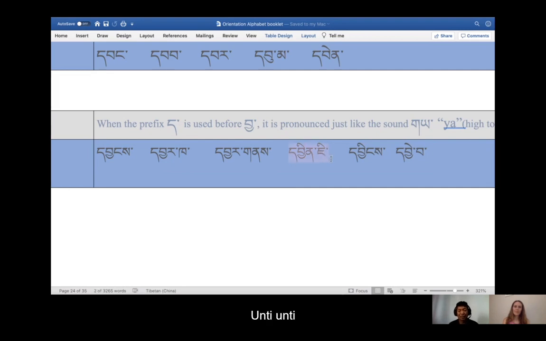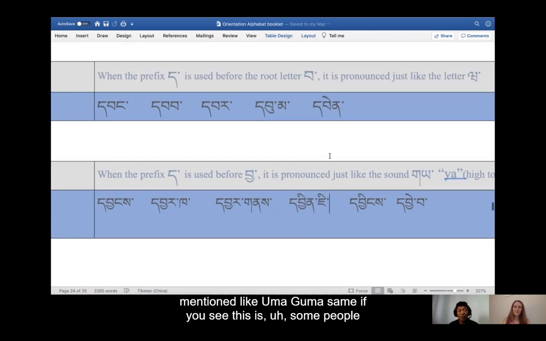Yin, Chi. So this one is also like the previous table Cynthia mentioned, like Uma. Some people read Uma, and some people when they speak produce a sound.